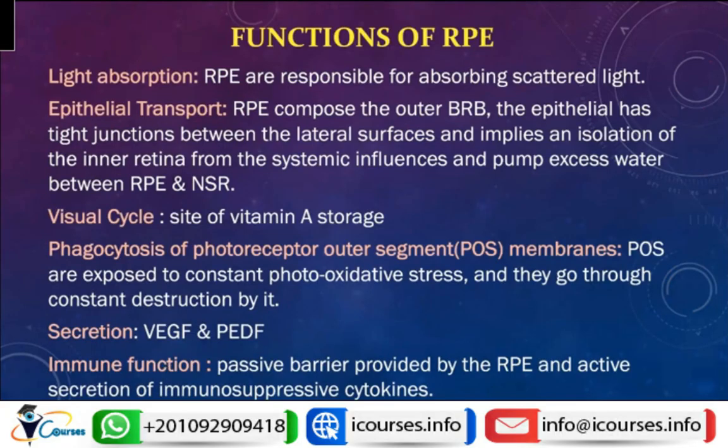The first one is light absorption: it will absorb the scattered light. The second is that it is a site for epithelial transport, because the retinal pigment epithelium forms the outer boundary of the blood-retinal barrier. The blood-retinal barrier is formed between the retinal pigment epithelium and the non-fenestrated retinal capillaries.